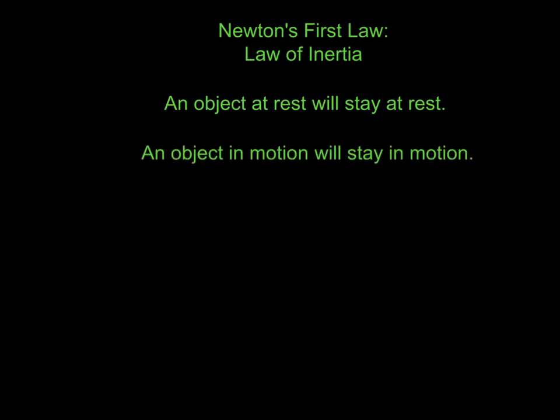Part 2. An object in motion will stay in motion. Part 3. Unless acted on by an outside force. And this is the new part. An object at rest will stay at rest. An object in motion will stay in motion, unless they are acted on by an outside force.